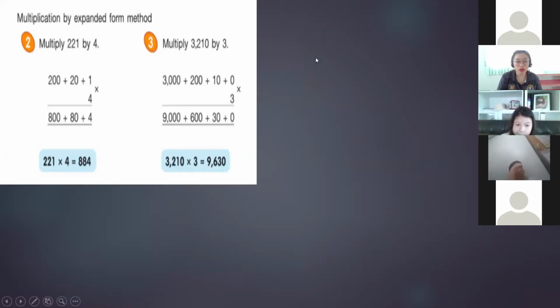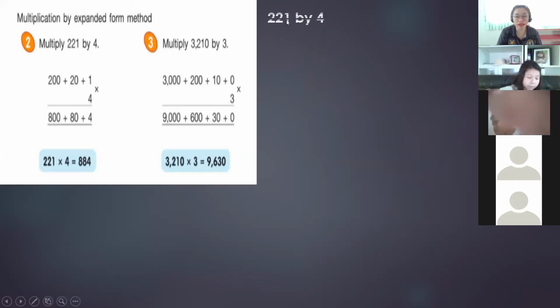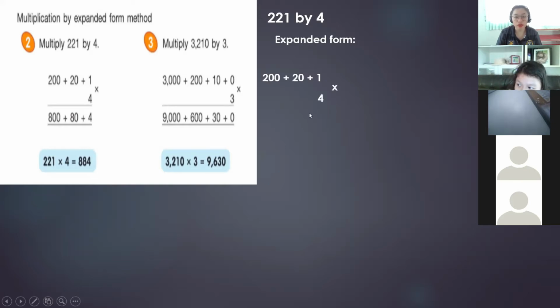We're going to write it in expanded form. The expanded form for 221 is 200 plus 20 plus 1, and multiply by 4. What is the product?